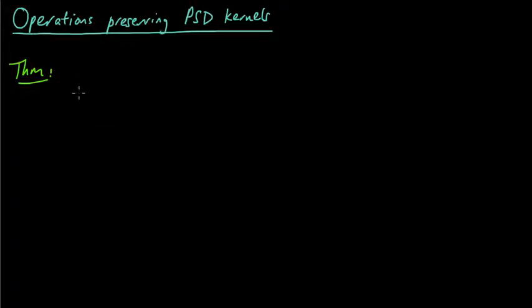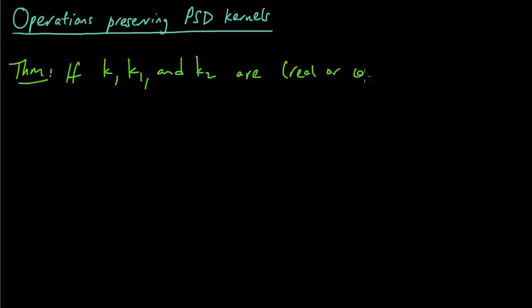So we have this theorem, and we're going to list a bunch of these operations. So if k, k1, and k2, we're going to just start out with a handful of kernels with different names, are, let's say, real or complex valued positive semi-definite kernels.